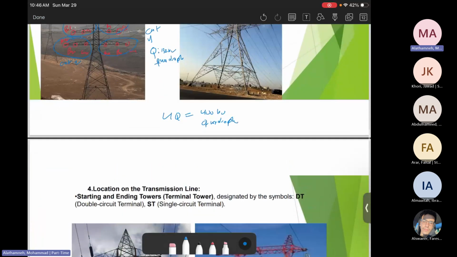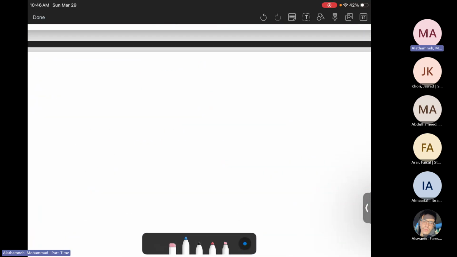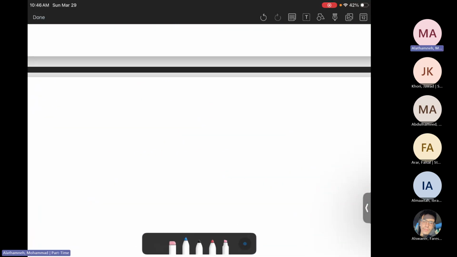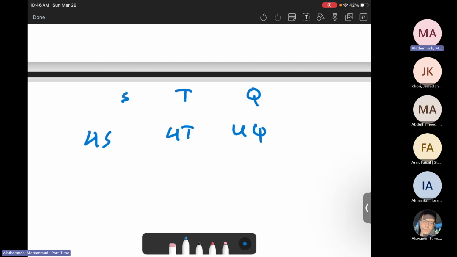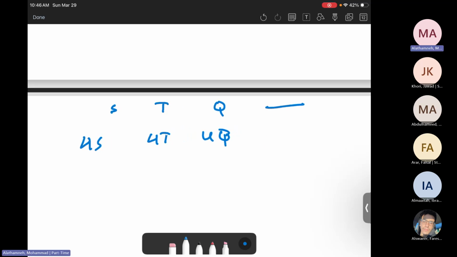Now, in summary, before going to the next one, we can have several notations. The first thing, which is S, D, Q. Then we have 4S, 4D, 4Q. The first part is associated with 132 kilovolts, while the 4 means 400 kilovolts.